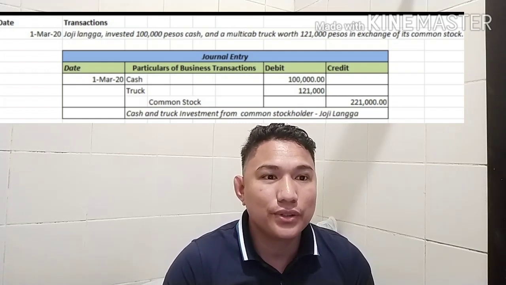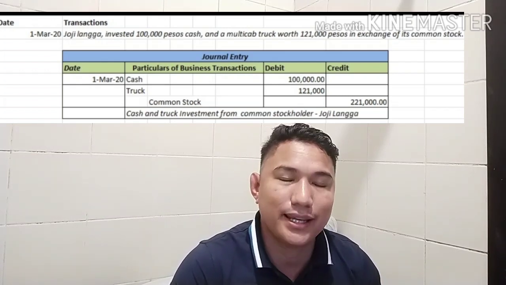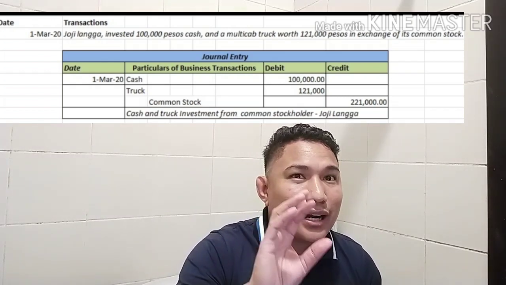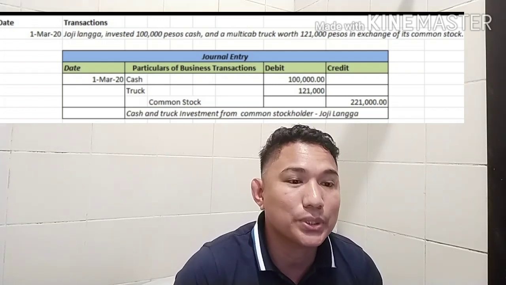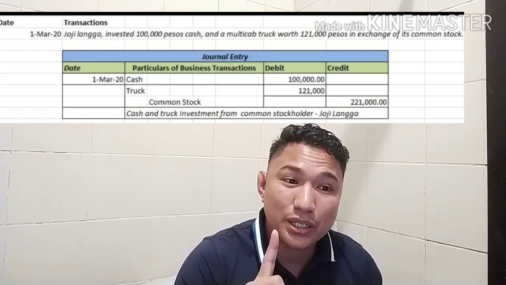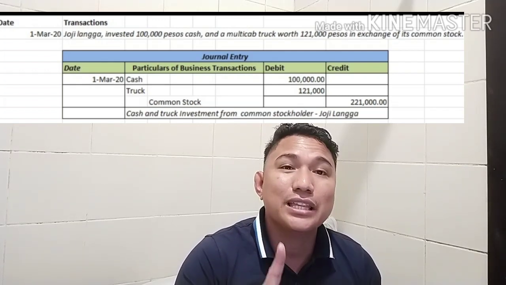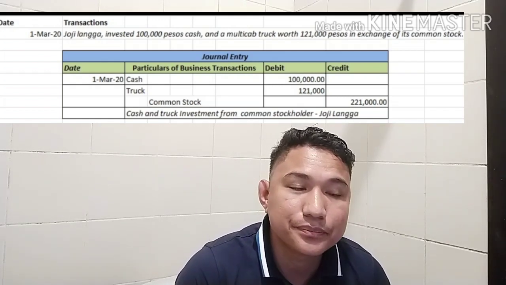First of all, let's have a little review, a little discussion on how the accountant creates an entry in the general journal. What are the main important things to know? First, you have to make sure of the date. This date will tell you when exactly the transaction happened.